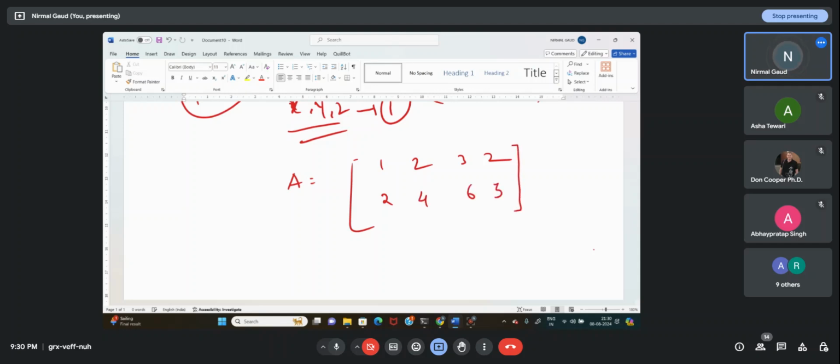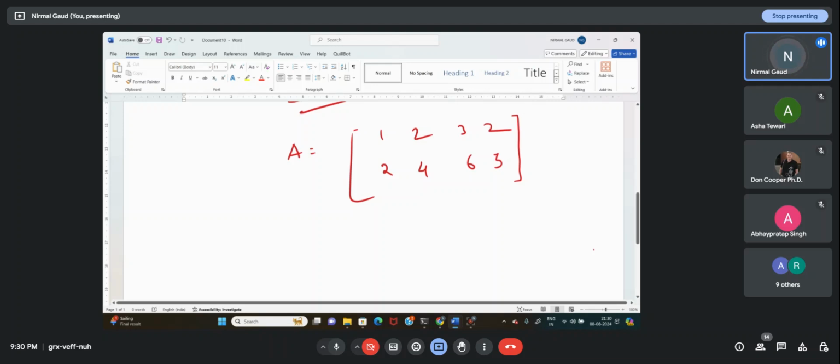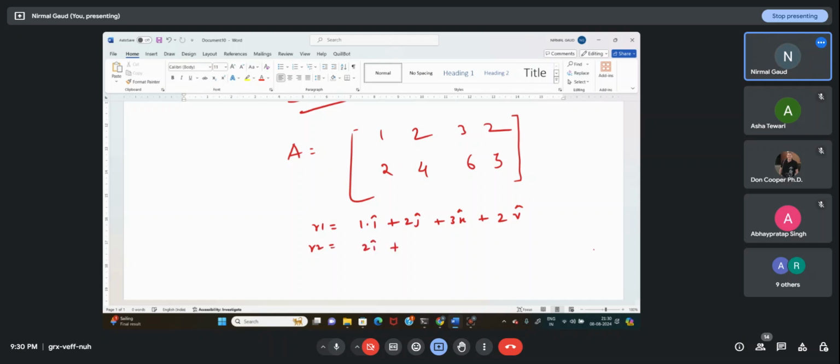So if I write the first row as a vector, row 1 is 1 i cap plus 2 j cap plus 3 k cap plus 2 v cap. If I talk about row 2, this will be 2 i cap plus 4 j cap plus 6 k cap plus 3 v cap.